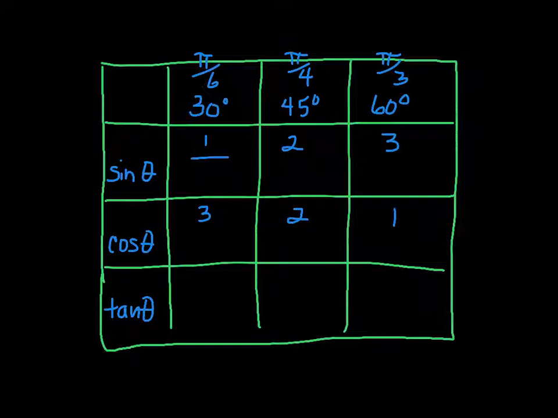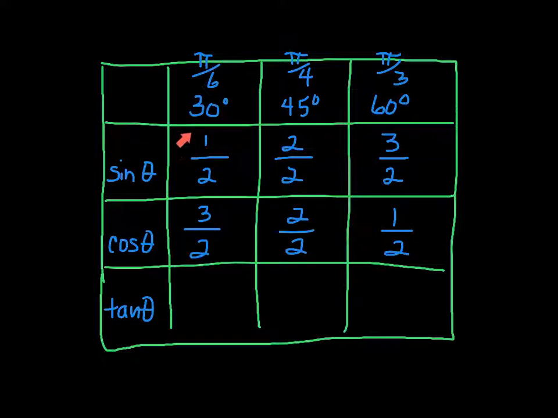Then these are all numerators to fractions. So we're going to make all of these fractions, and every single one of these denominators is going to be a 2. Every single fraction gets a denominator of 2. Then all of the numerators are going to get radicals. The only thing I'm going to point out is that we really don't need to have the square root of 1, because I know that the square root of 1 is 1. So you can put a square root there if you want, but I tend not to because I don't think it's really necessary.